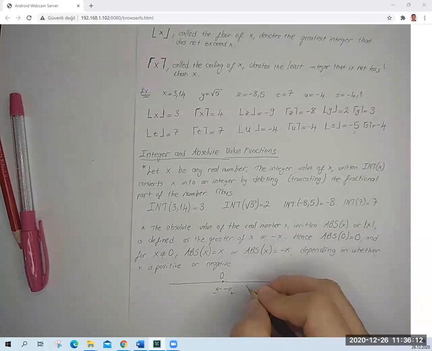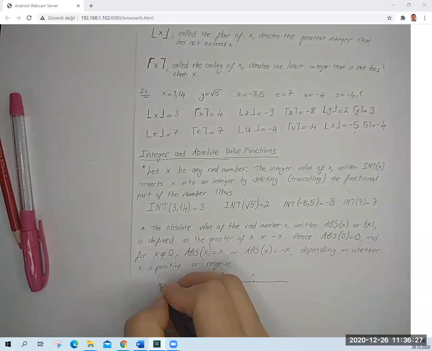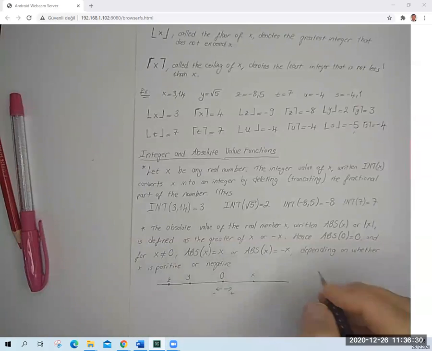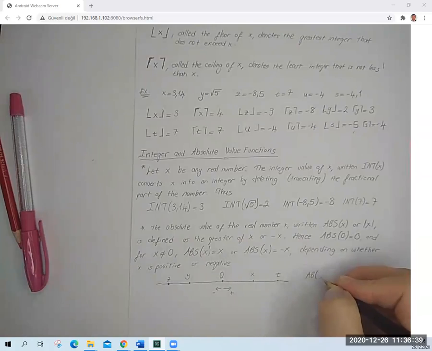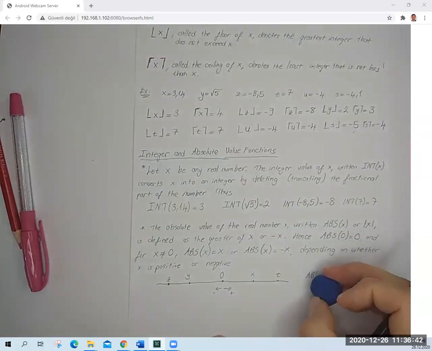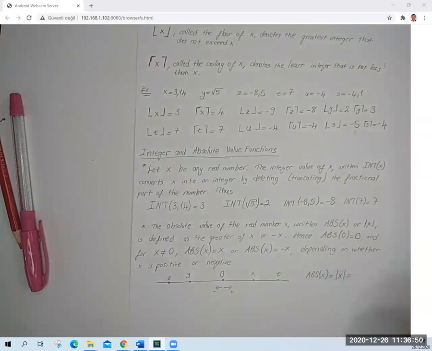For example, let's say we have x. This is the x value, and here is the y value, and here is, let's say, z and t. So if you write the absolute value of x, it means distance from 0 to x.